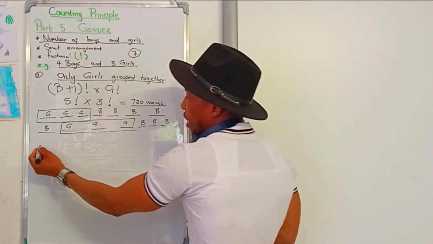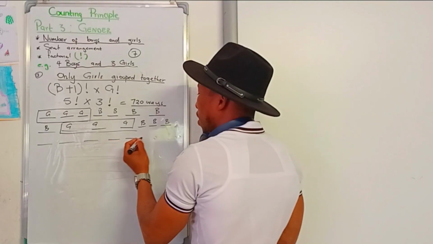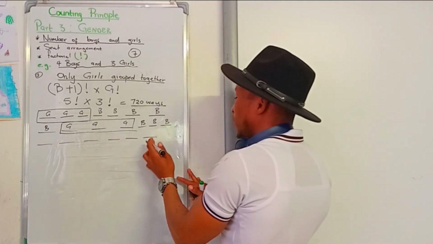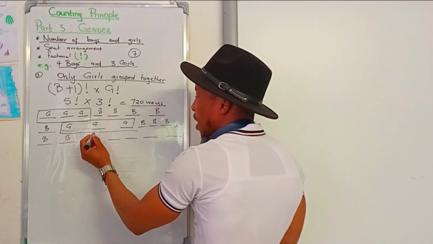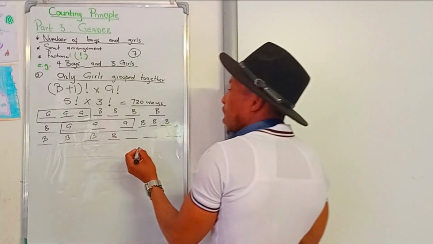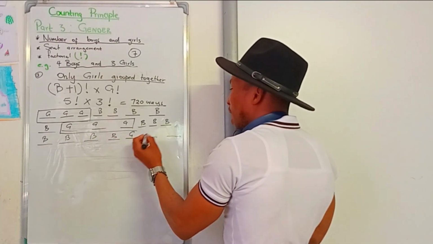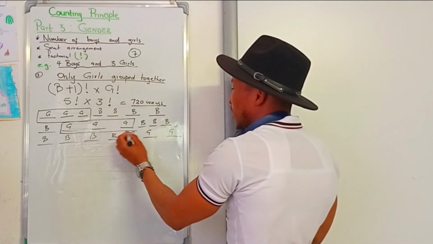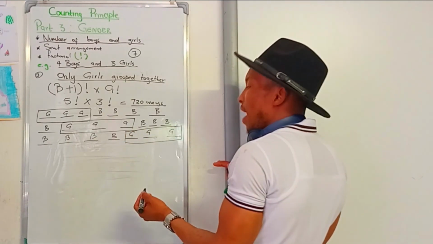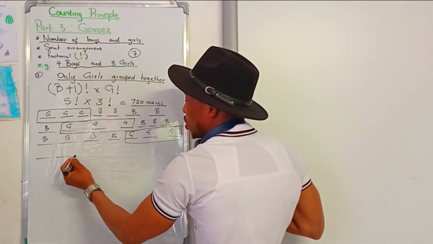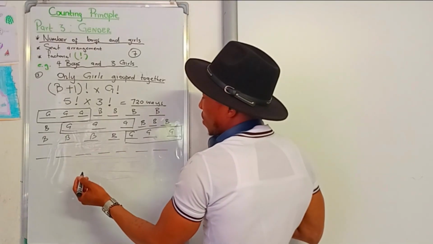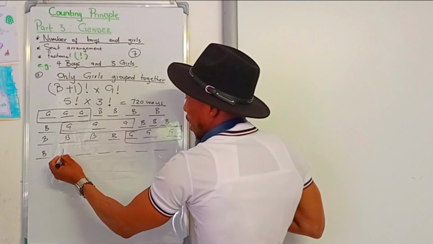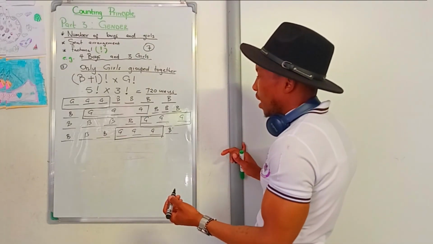Or you can start with 1, 2, 3, 4, 5, 6, 7: a boy and a boy and a boy and a boy, then a girl and a girl and a girl. They are still all together.